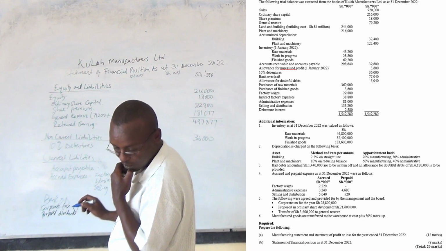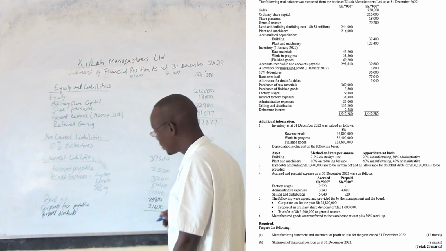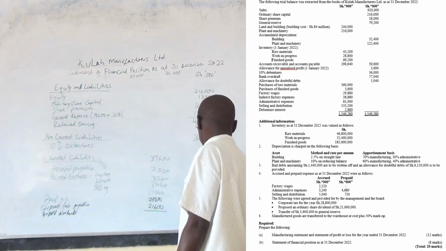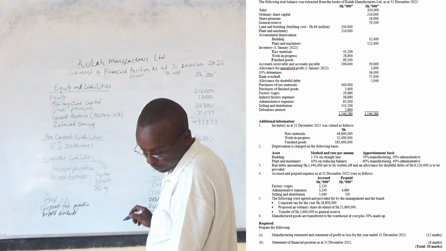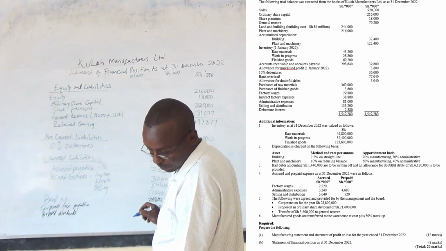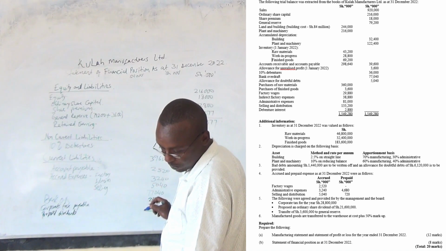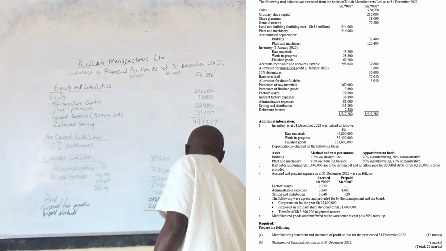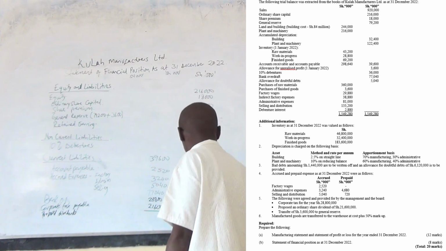You add all these current liabilities, you get what? 177,840. Total current liabilities is 177,840. Total equity and liabilities 860,196.